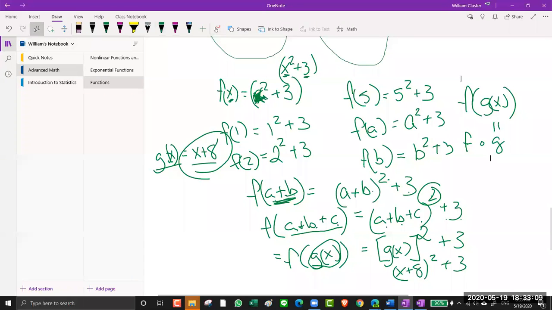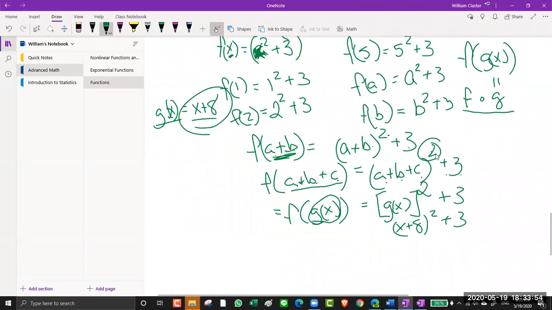It's called the composition of f and g. And we write it like that. The composition of f and g is f of g, and we write it f circle g.